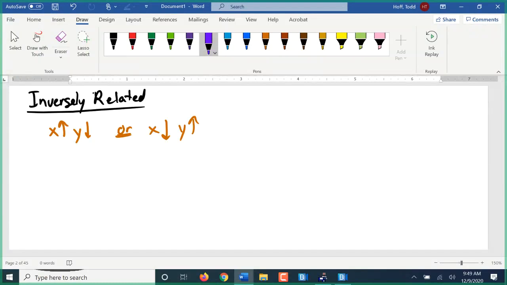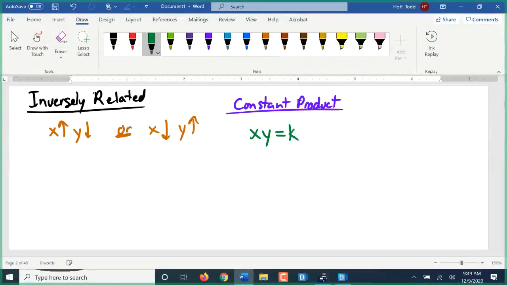Inverse variation is often referred to as a constant product. What that means is it is x times y equals a constant. Now, there's an alternative form again.